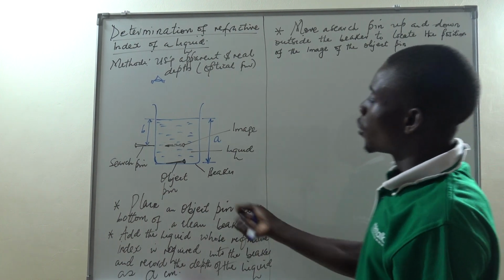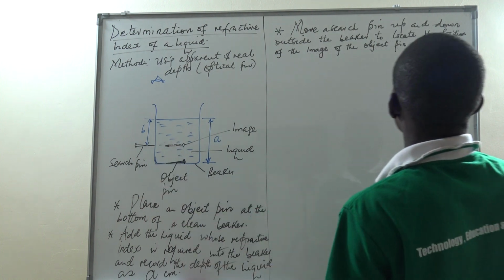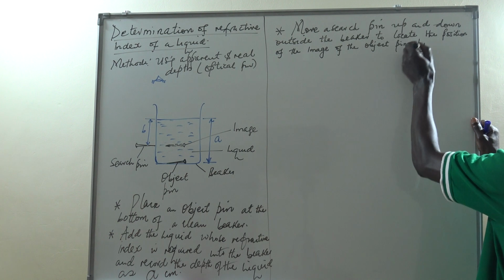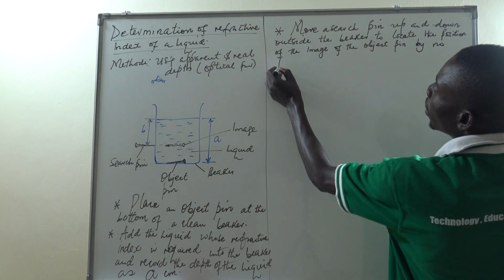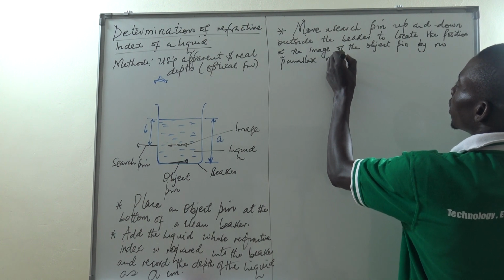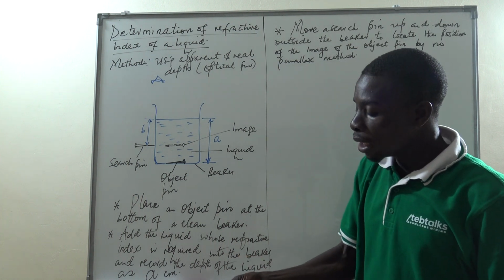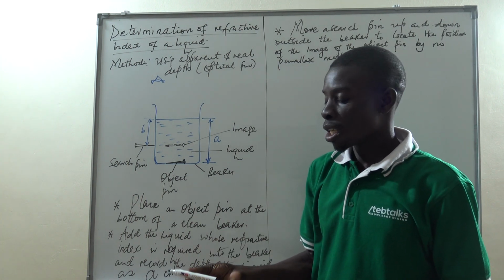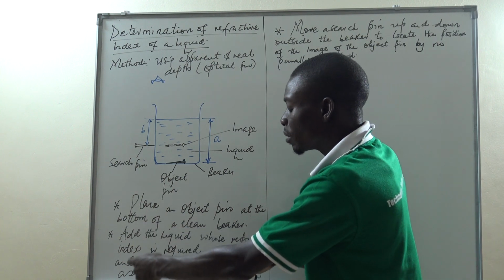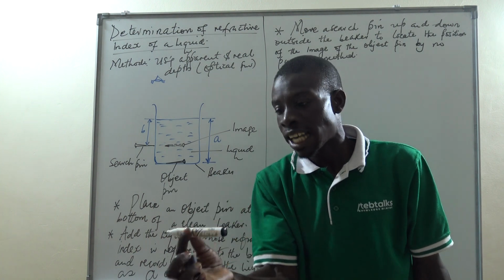So you move this up and down to locate the position of the image of the object pin by no parallax method. In other words, if you have put the pin like this in a beaker, don't move it to the other side; move it in such a way that it will be in front if the pin is lying like this at the bottom.